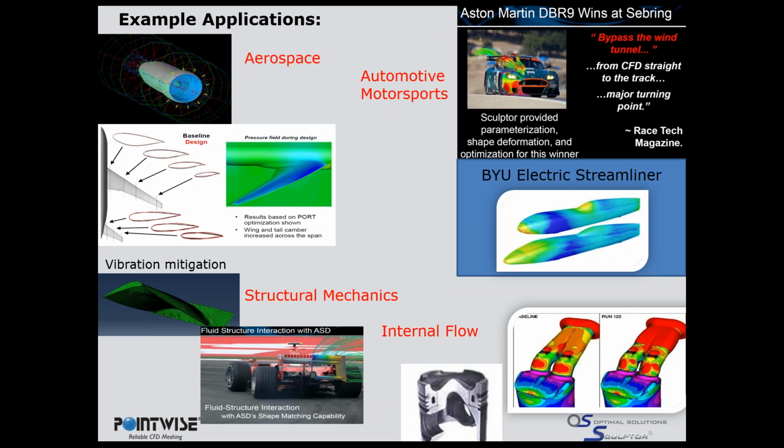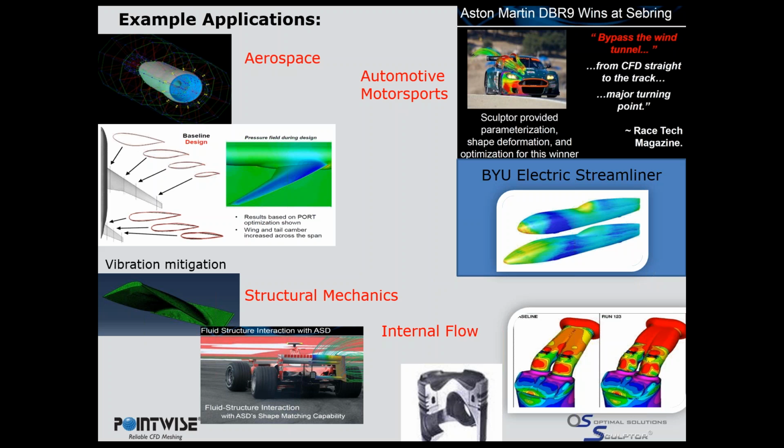Just a few of the example applications that Sculptor is used for by different areas in engineering, as well as many different companies. In aerospace, whether we're looking at the shapes of wings or fuselage or nacelles, as well as automotive and motorsports, such as you're looking at today with the DrivAer.